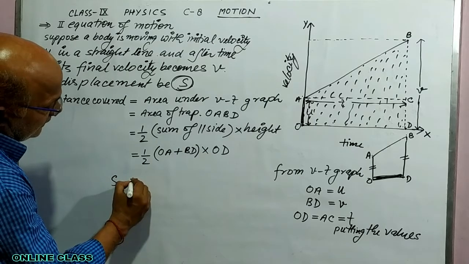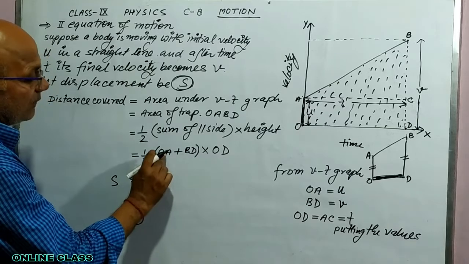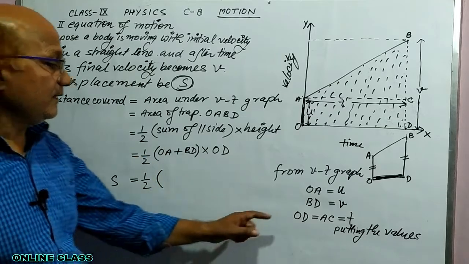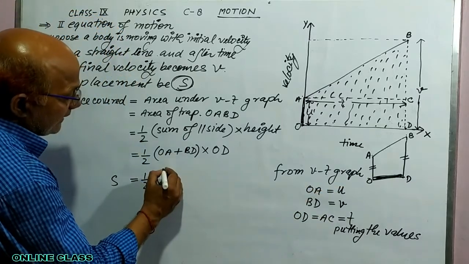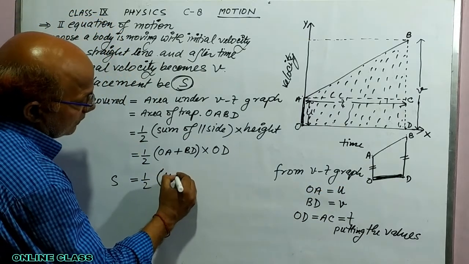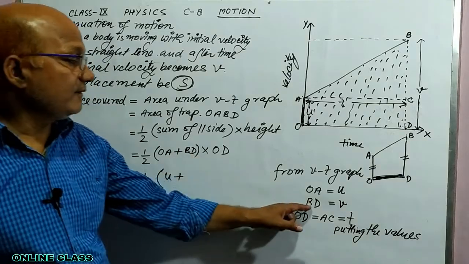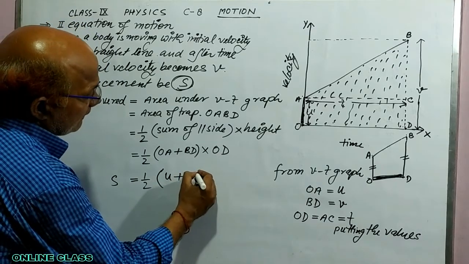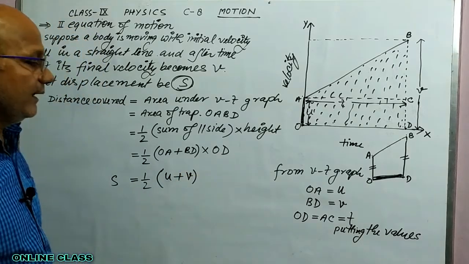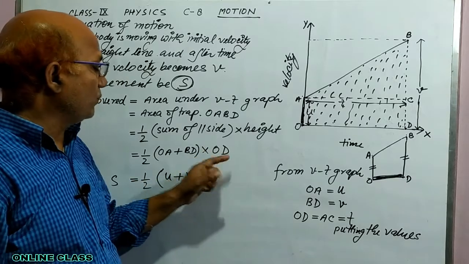S is equal to half OA. You can see OA equal to U. So we can write here U plus BD. BD means final velocity, into OD.